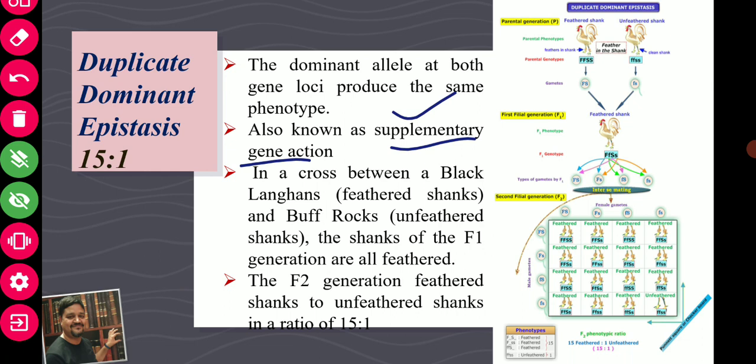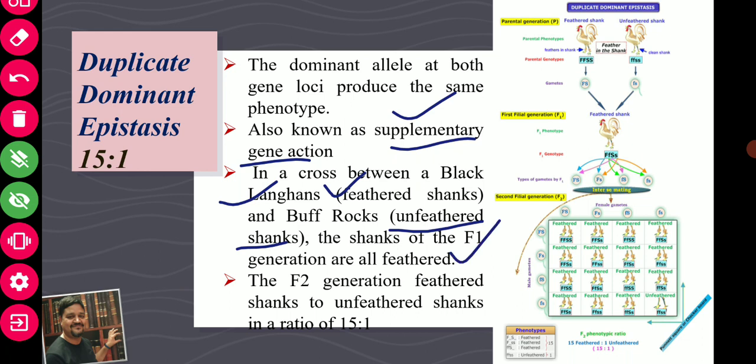The example here is feathered or non-feathered shank in poultry. In a cross between black Langshan, which has feathered shank, and buff rocks, which are different strains of poultry having unfeathered shank, the shank of the F1 generation will be all feathered.